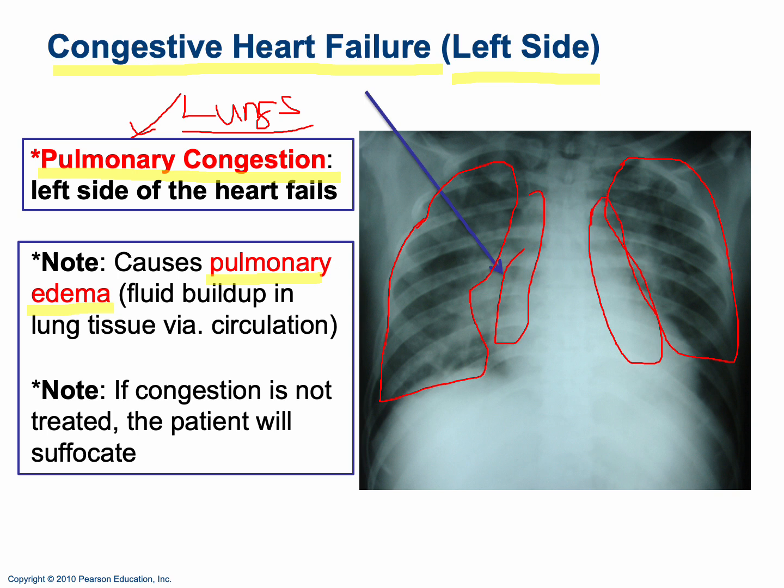And with that fluid buildup, if it's not treated, the patient will feel like suffocating. It's very difficult for gas exchange to occur, to get oxygen out eventually throughout the heart into the body to the tissues. And they'll have significant shortness of breath because you have all this fluid backed up around the lungs, and very, very tough.